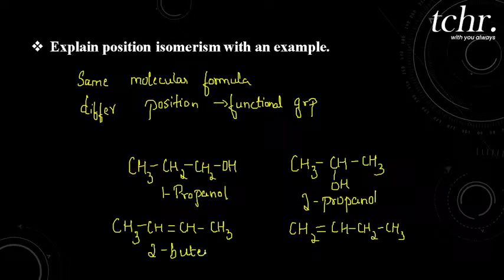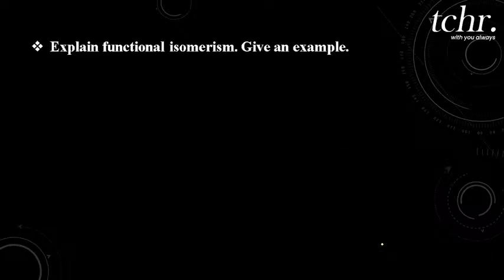Yes, it is 2-butene because the double bond is in the second carbon atom, whereas this is 1-butene. The double bond is in the first carbon atom. So they differ in the position of the functional group, or the position of double or triple bonds. This is known as position isomerism. So you have to give the explanation, a correct definition, as well as one or two examples.